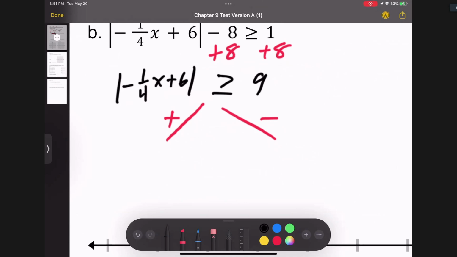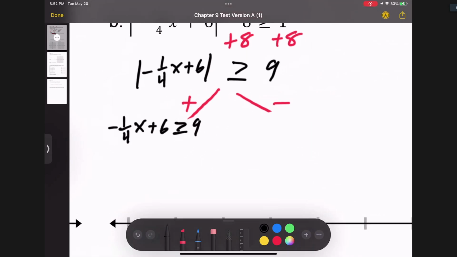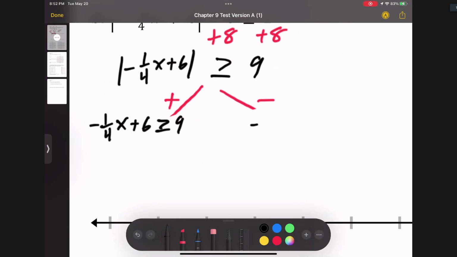Now the left side, let me erase a little bit so I can save some space. So the left side is going to be negative 1/4 x plus 6 greater than or equal to 9. I gotta write a little bit smaller. And on the right side, it's going to be negative 1/4 x plus 6 is going to be less than or equal to negative 9.